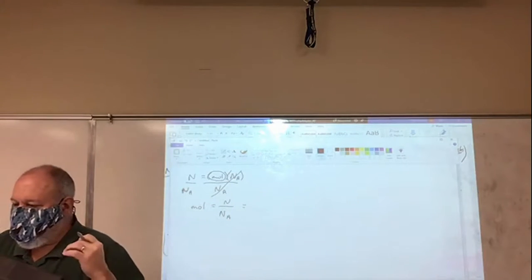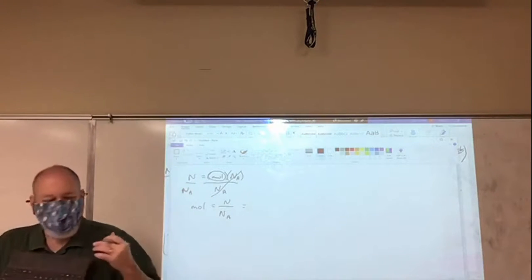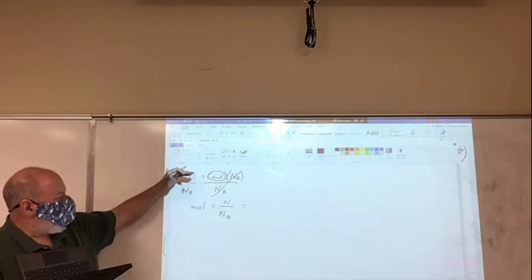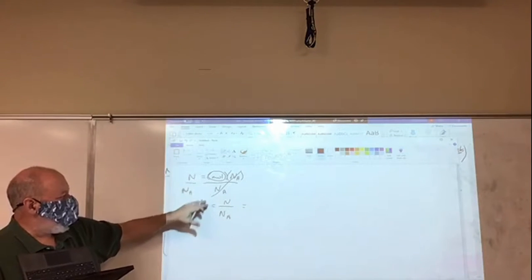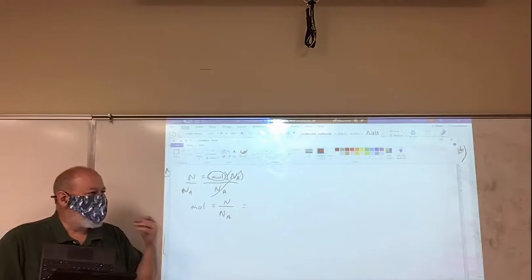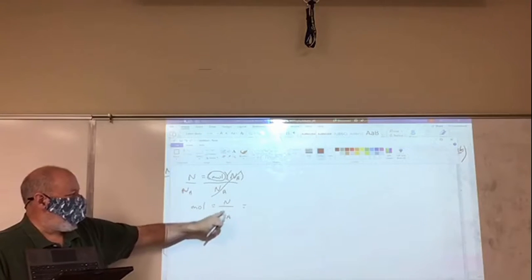Even after decades of doing this, I still have to write out the main formula and then derive the other formula, because I'm never sure in my mind whether the moles is NA over N or N over NA.